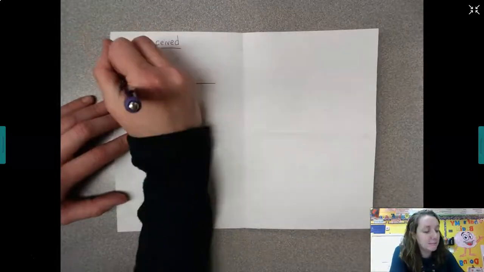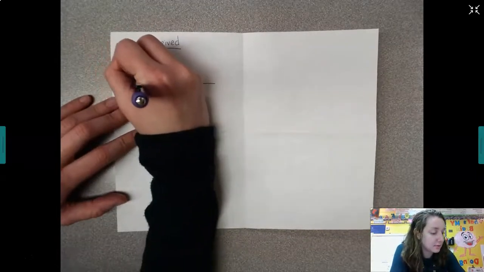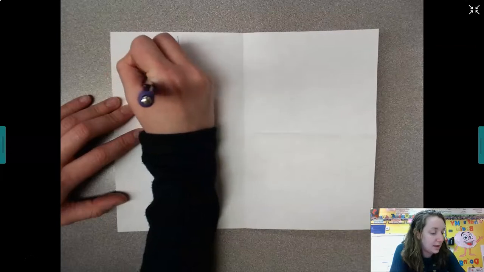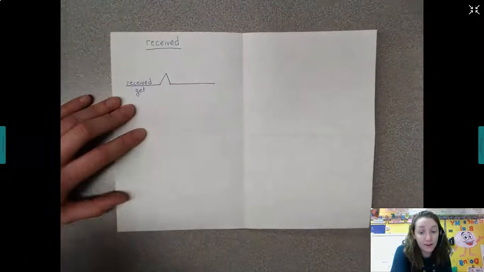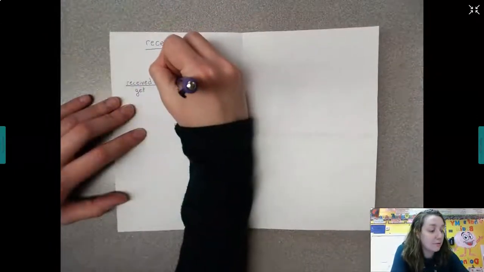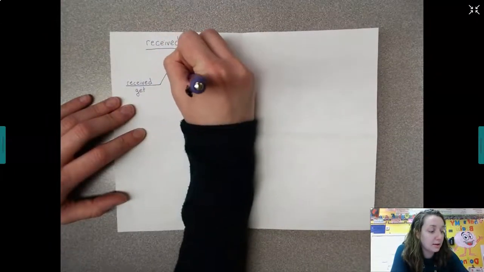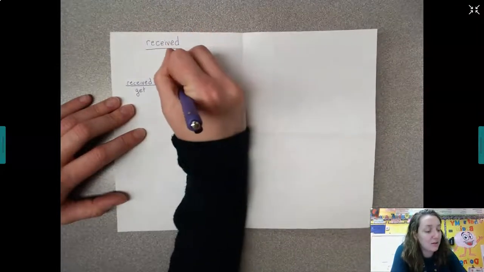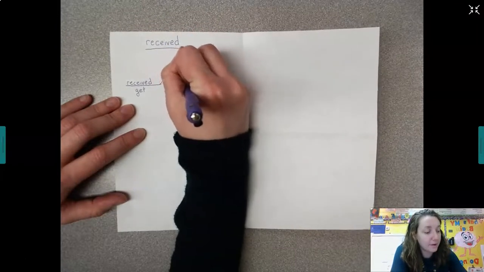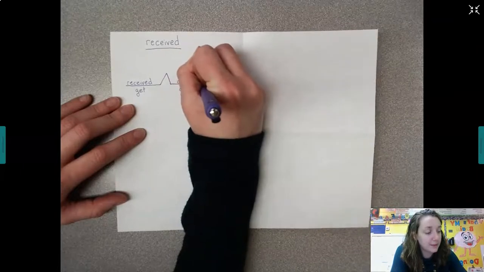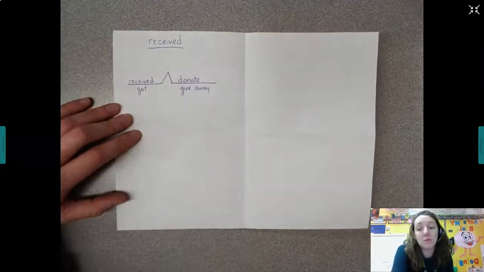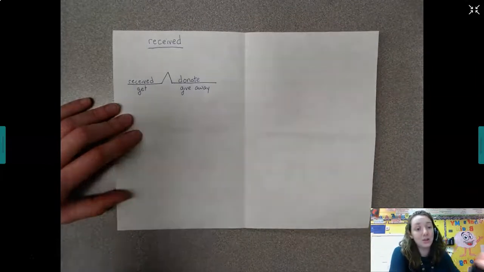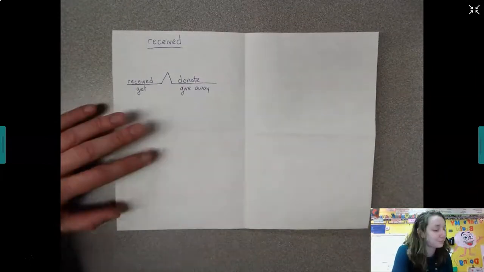So received is the same as get it, got it, as donate, if you've ever heard that word, means to give away. So received means to get, like donate means to give away. You got it, donate, you're giving it away.